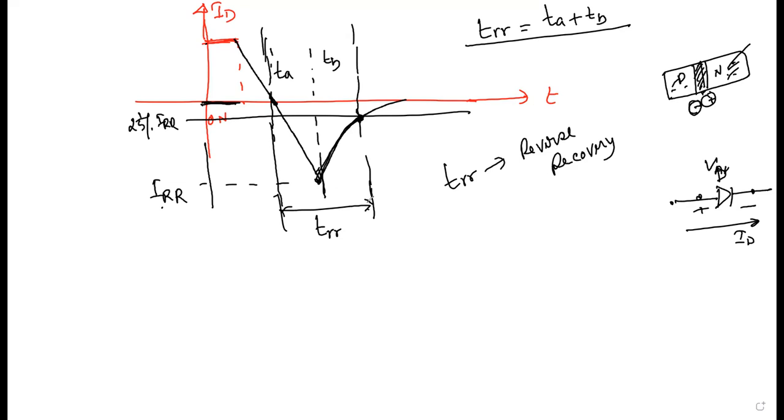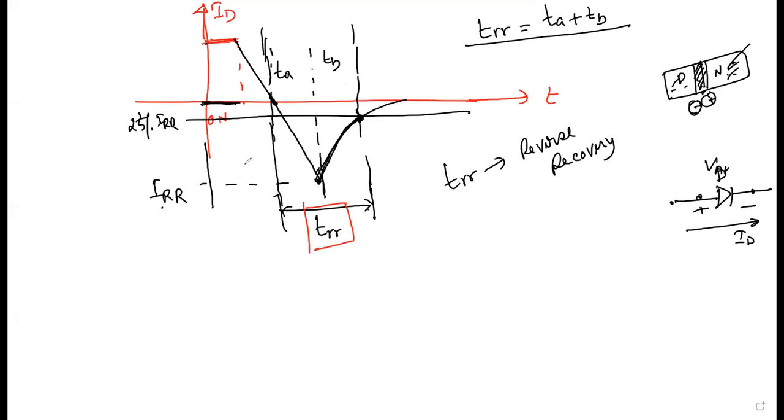When I was discussing the diode, transistor and all these things, I told you that this is the switching time. Switching time means it takes some time to turn off and some time to turn on. If this TRR is very, very large, that means the diode takes a long time to go to zero current.